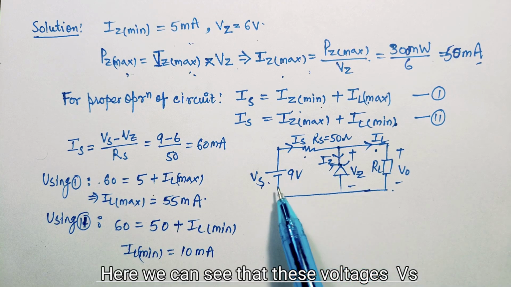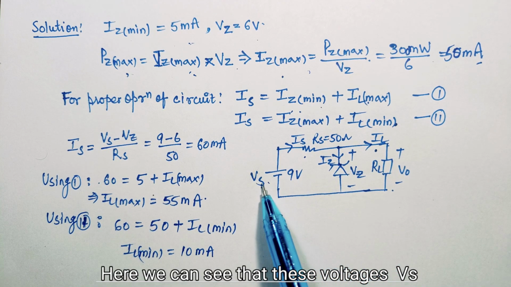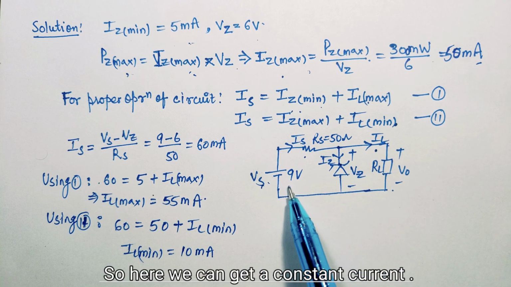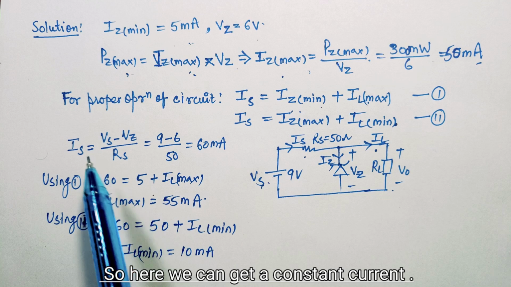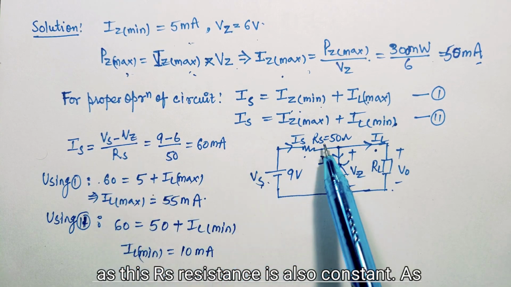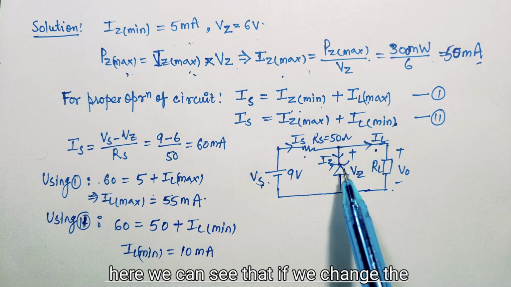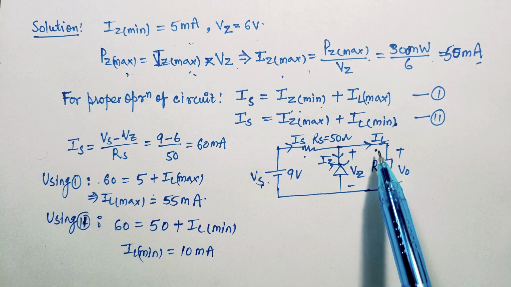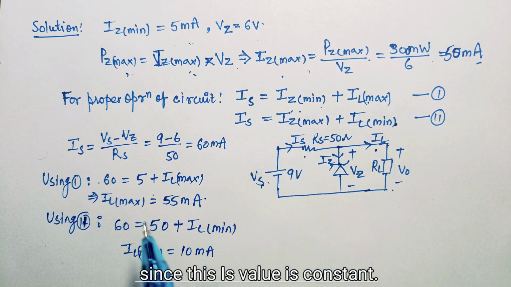Here we can see that the voltage sources Vs and Vz are constant voltage sources, and the resistance Rs is also constant, so we get a constant current. If we change the value of Iz, then the IL value will also change, since this Is value is constant.